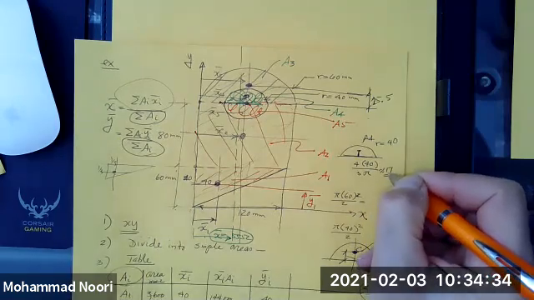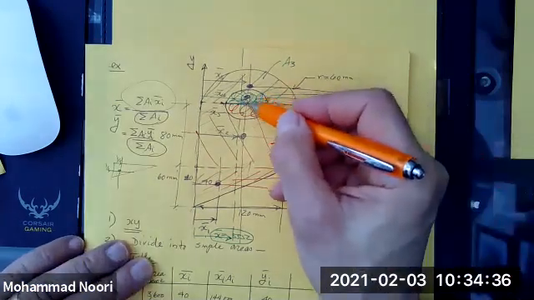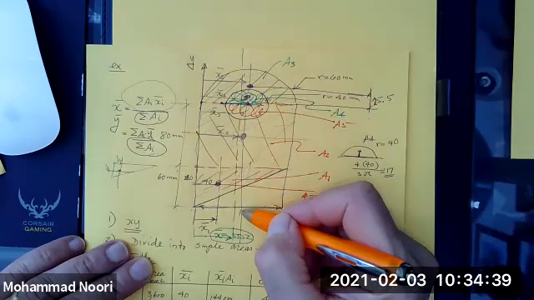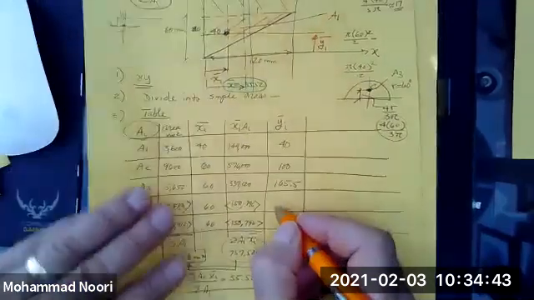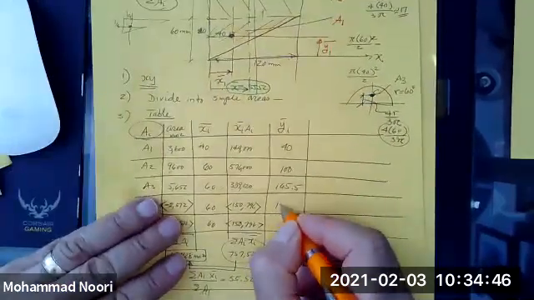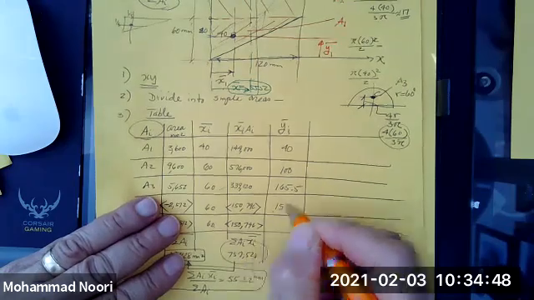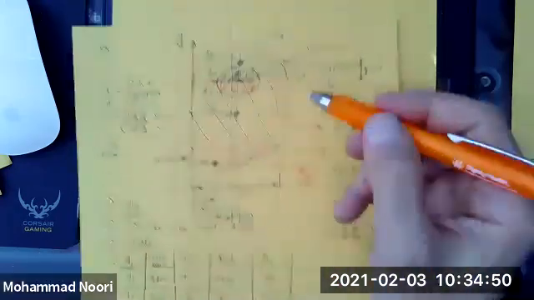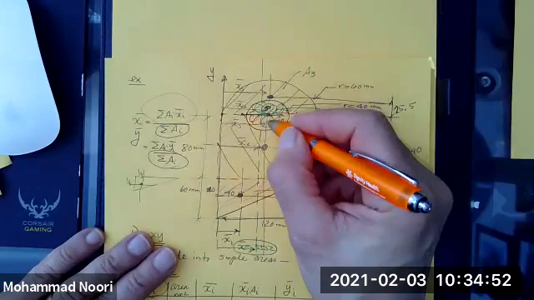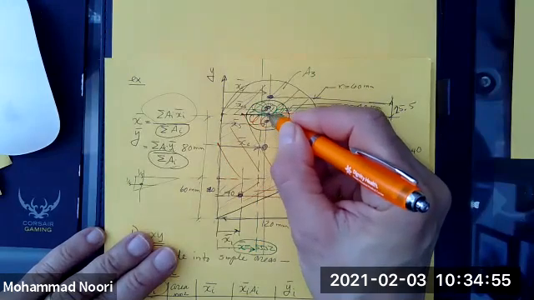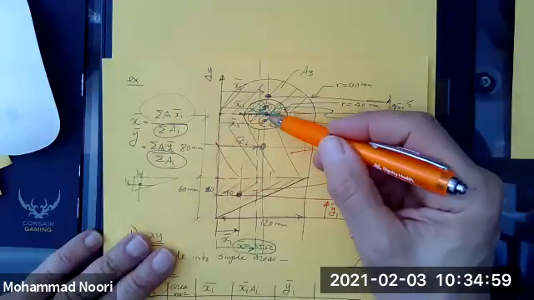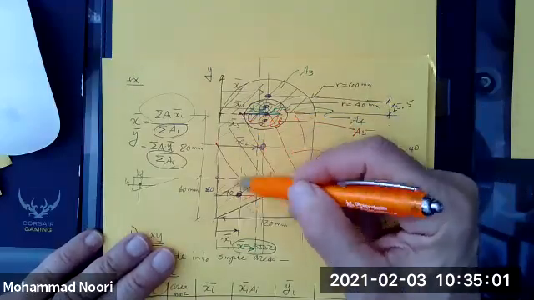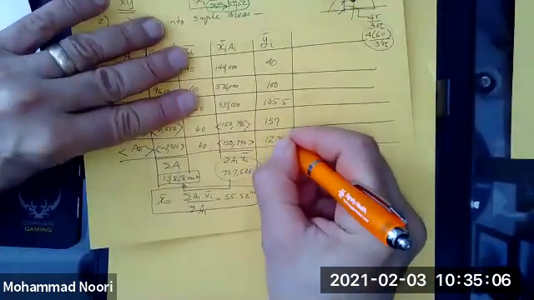So you need to add this 17 to this 140, and that would be Y4, which gives you 157, 140 plus 17. How about for this guy? It's the same shape, so the centroid is 17 below this. So you need to subtract that 17 from this 140, and that will give you 123.